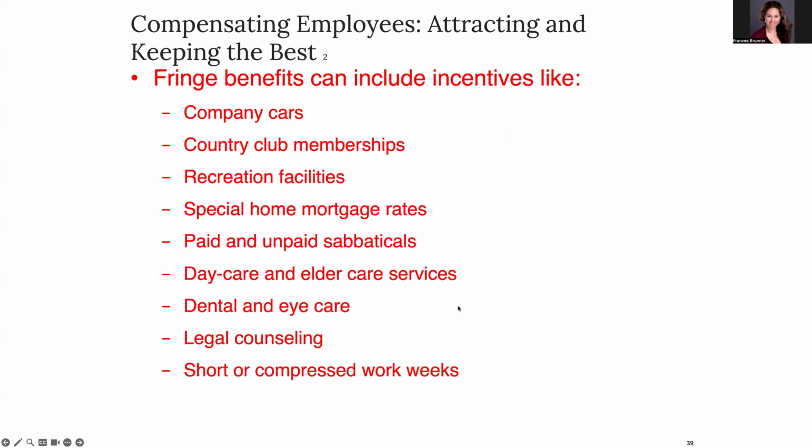Other types of fringe benefits can include memberships to exclusive clubs or facilities, special paid or unpaid sabbaticals, access or vouchers for daycare and elder care, and other medical and health benefits, legal counseling, or similar style benefits.